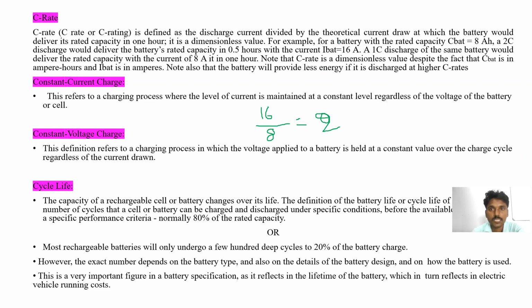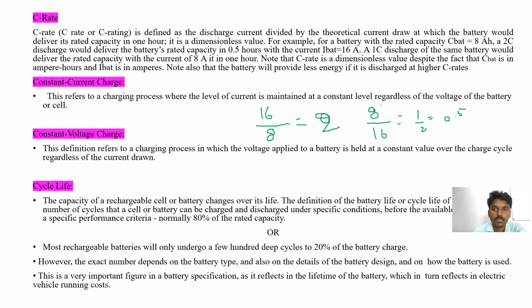Here, discharge current divided by the theoretical current draw, so 8 by 16 is 1 by 2, that is equal to 0.5.